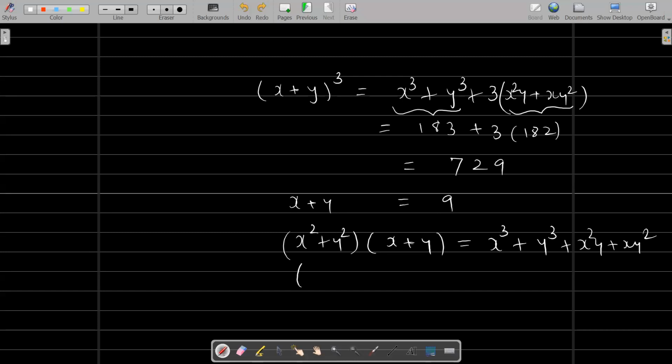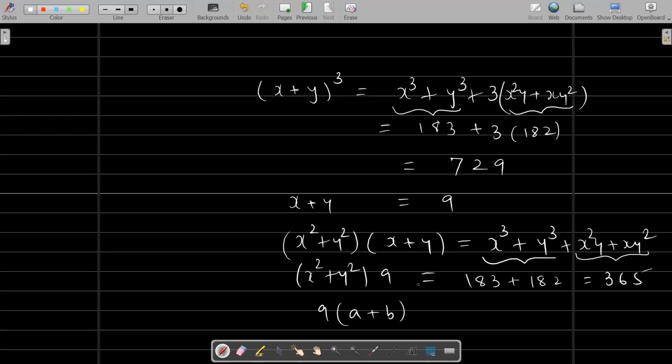Out of which I know x plus y is 9, and this is 183 plus this is 182, so that is 365. So 9 times x square plus y square is nothing but 9 times a plus b, which is 365. And what we want is 9 by 5 times a plus b, so I have to divide by 5. 365 by 5 is 73. Right?